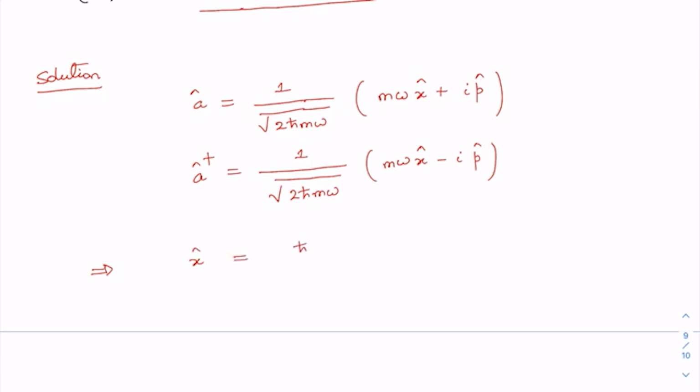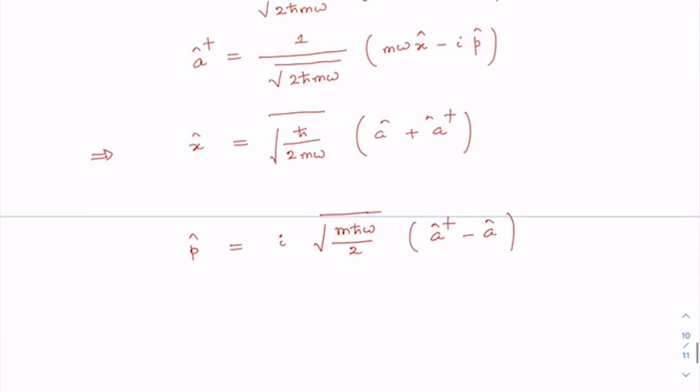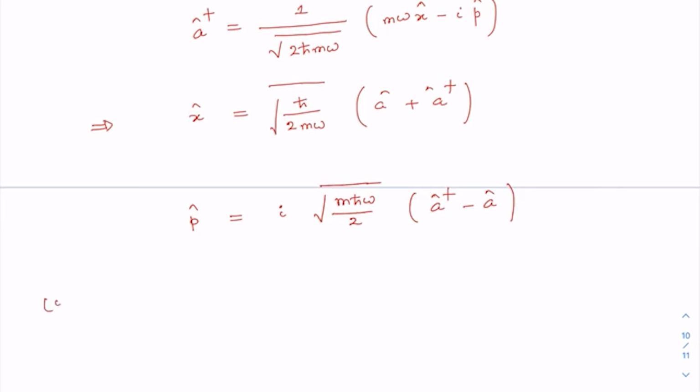X cap would be, we actually know it, square root of h cross by twice m omega, that is the zero-point fluctuation, then (A plus A dagger), and P would be equal to i square root of m h cross omega by 2 (A dagger minus A).